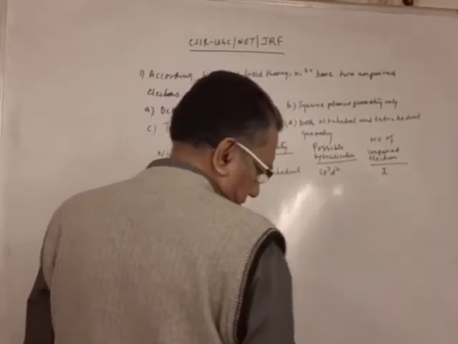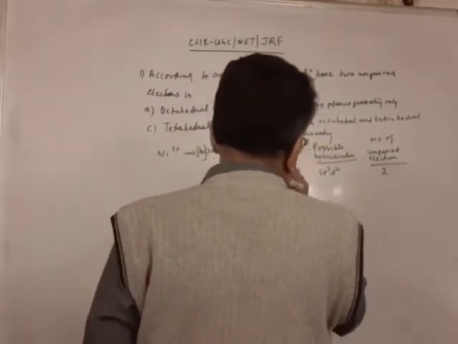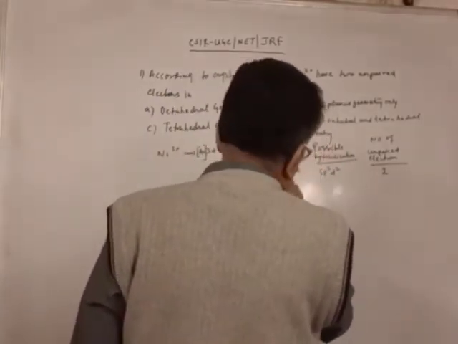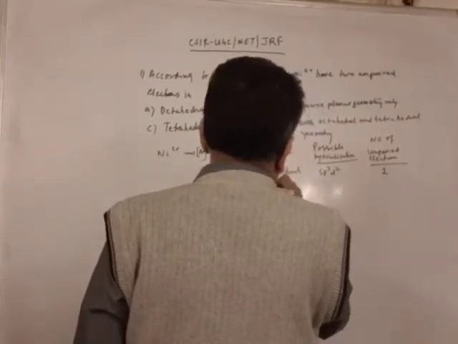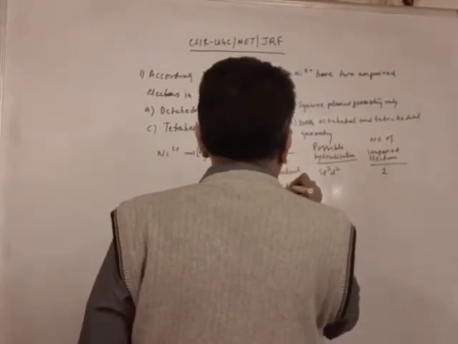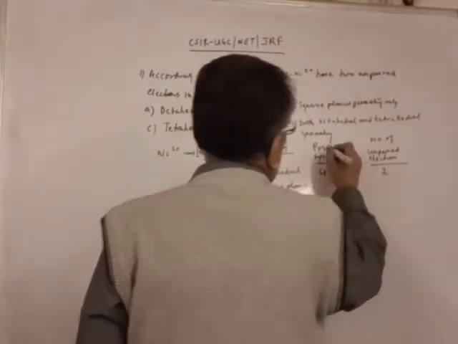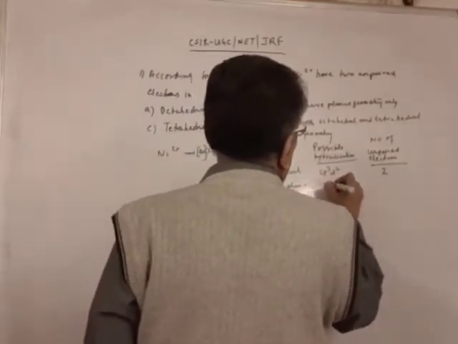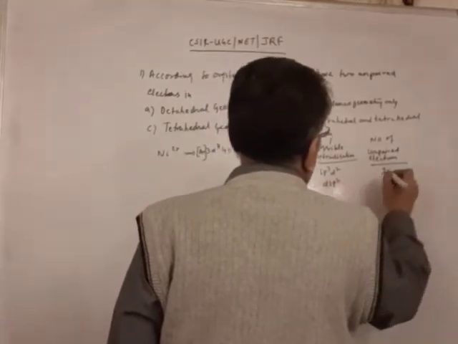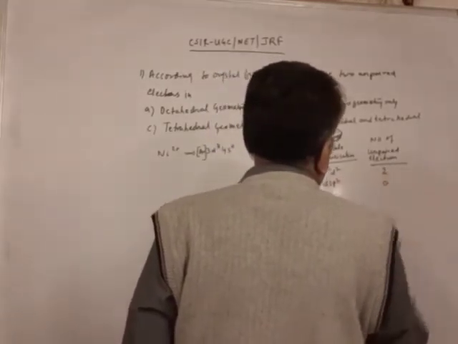While for square planar the possible hybridization is dsp2 and the number of unpaired electrons is 0.